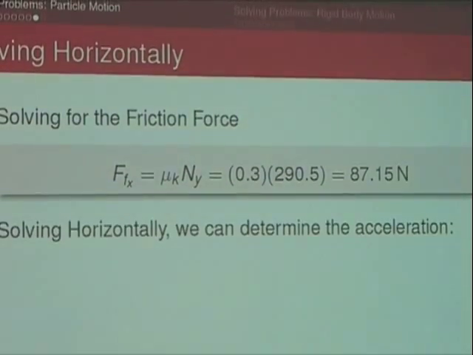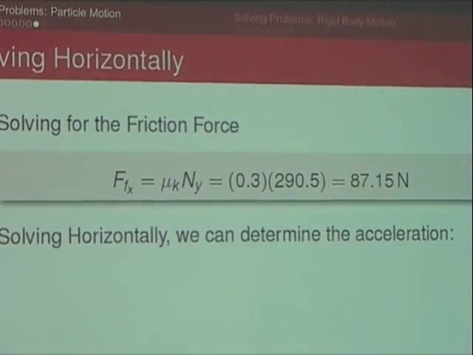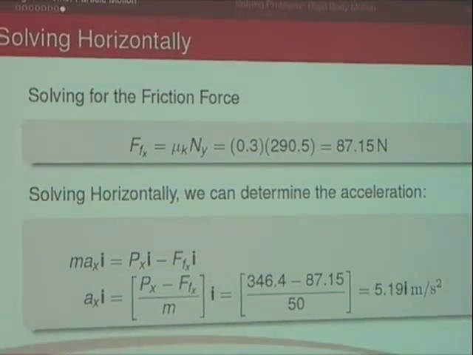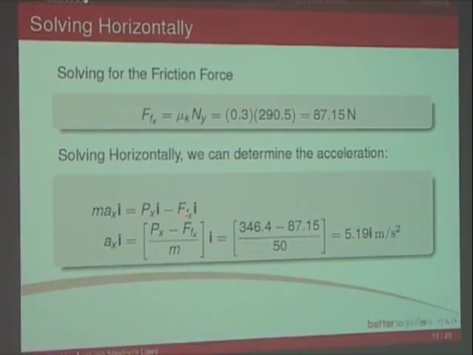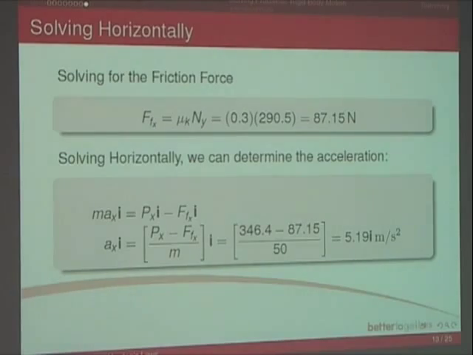Now we've got that, we can go in to solve horizontally, because the horizontal equation had two unknowns. We didn't know the friction force, and we don't know the acceleration, which is what we're trying to work out. And so here's our equation. We now know what the friction force is. We can rearrange: you divide both sides by m, and you get the acceleration on its own.